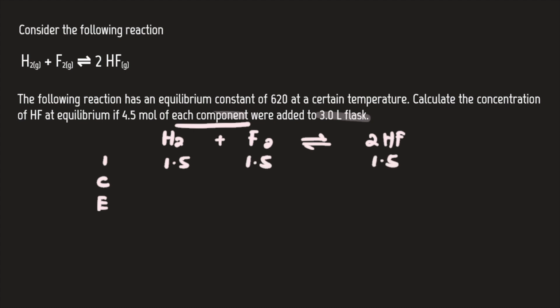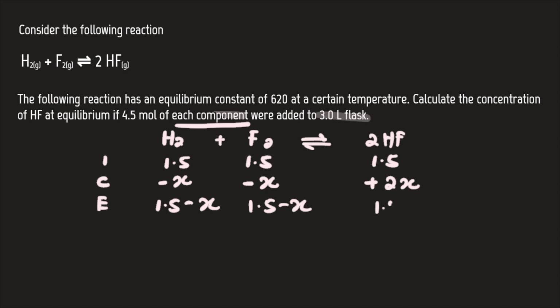Right? So at change, here we'll need to do minus x, and this one plus 2x. So therefore, you will get 1.5 minus x, 1.5 minus x, and 1.5 plus 2x. Right? So from there, you will get your Kc.